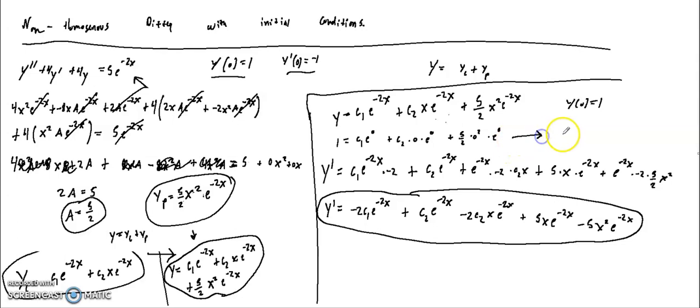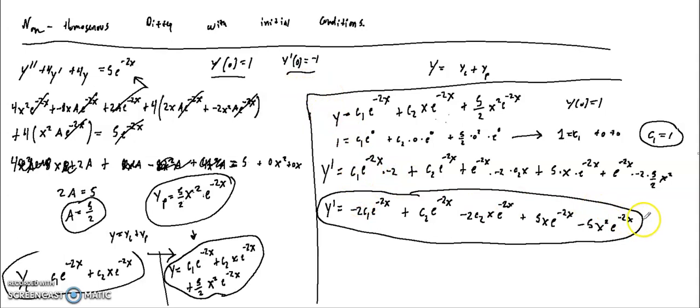So this just turns out to be 1 equals C1, because C1 times 1, plus 0, plus 0. So we just get C1 equals 1. Not too bad.